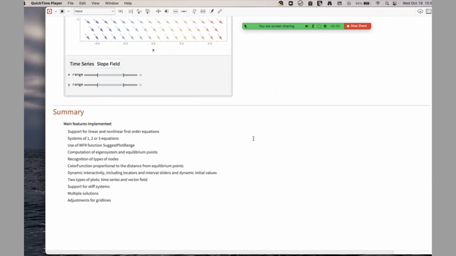And to finish, we can see here just a summary of the most important features of ODEViewer. Enjoy exploring the behavior of differential equations, and thanks.